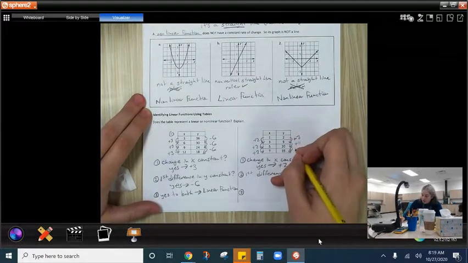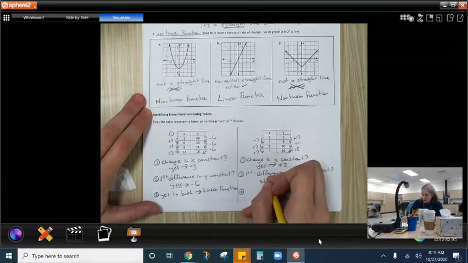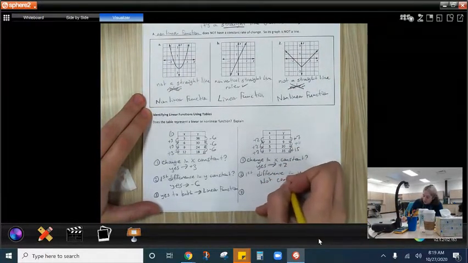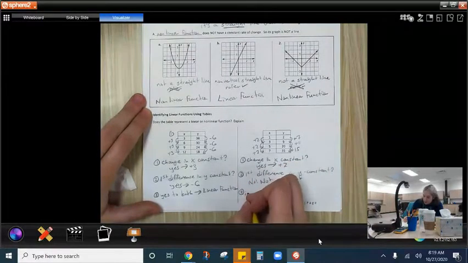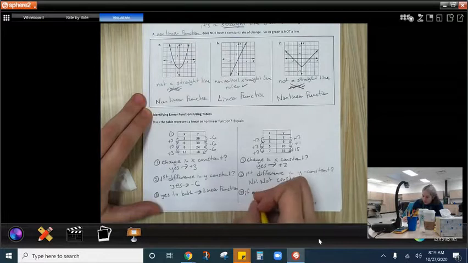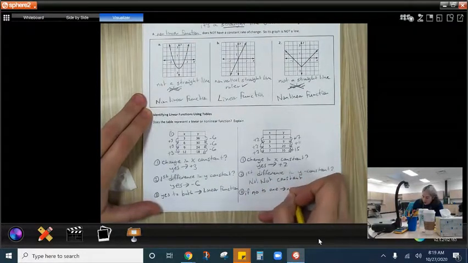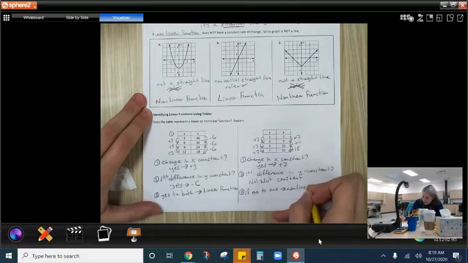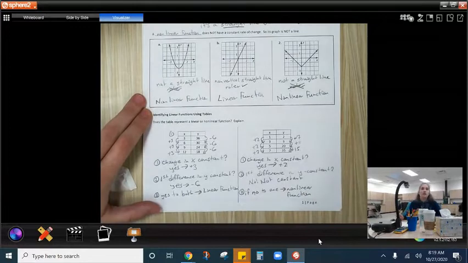Then 20 to 35 is 15. Is that constant? No. It's not constant. So if no to just 1, it's a non-linear function.